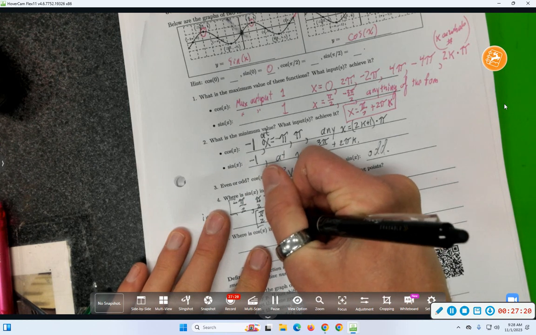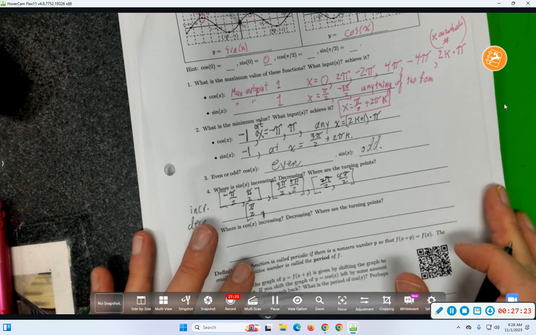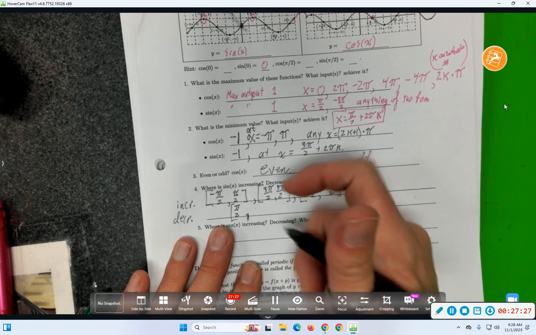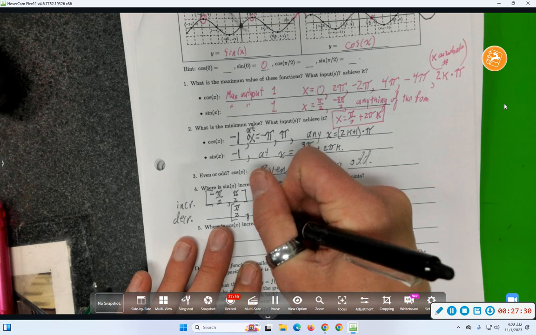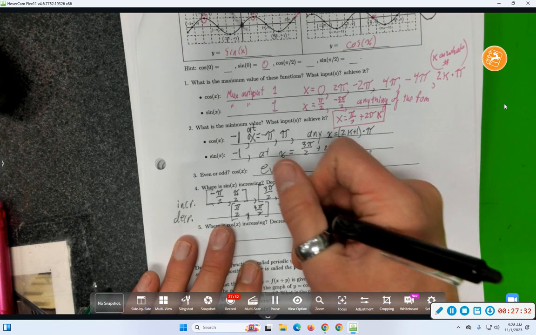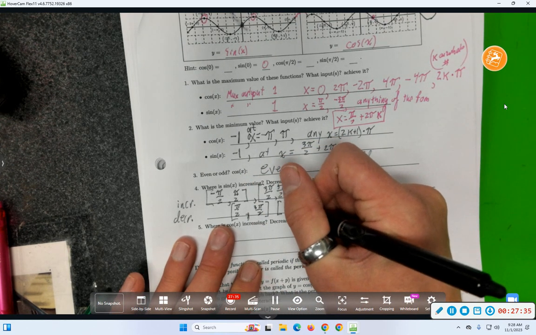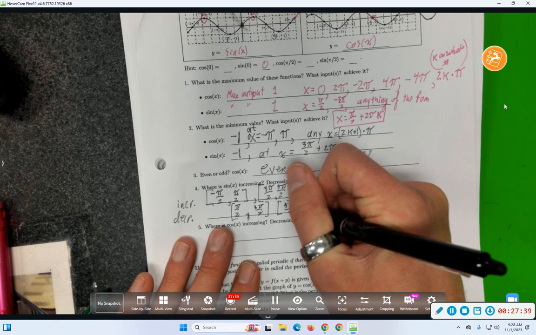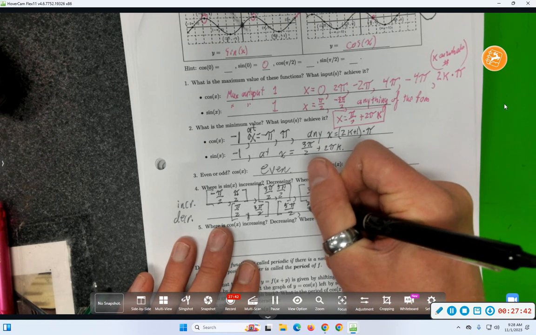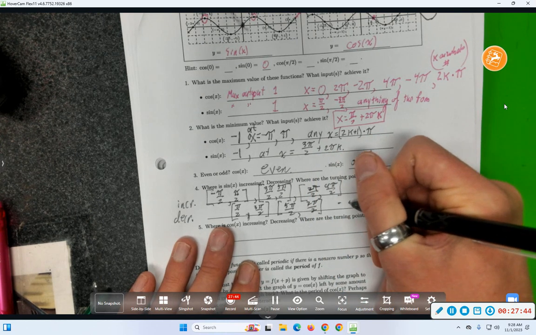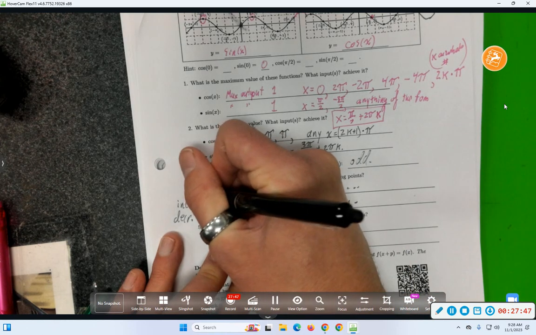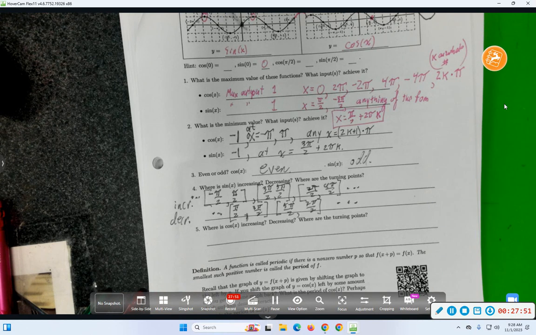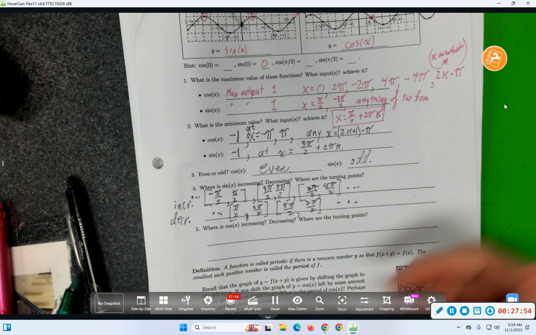Pi over 2 until, when will it stop decreasing? 3 pi over 2. And then when will it start decreasing again? 5 pi over 2, 7 pi over 2. That seemed pretty good.